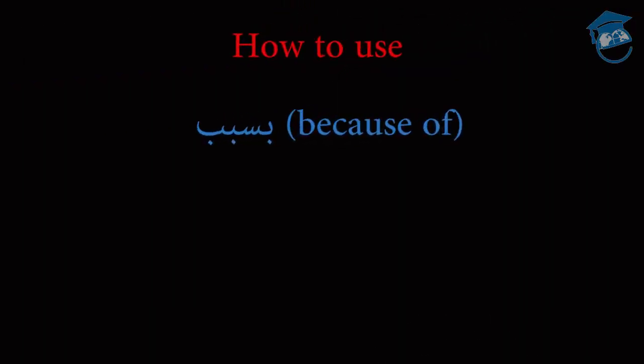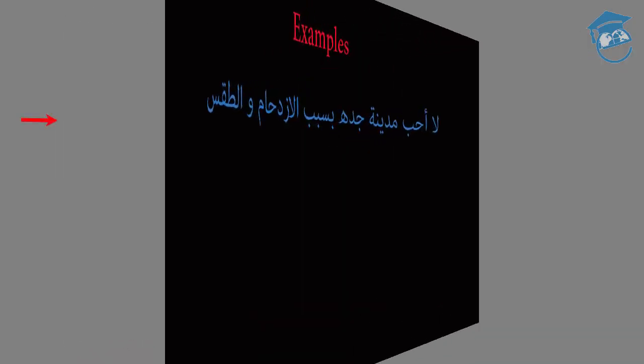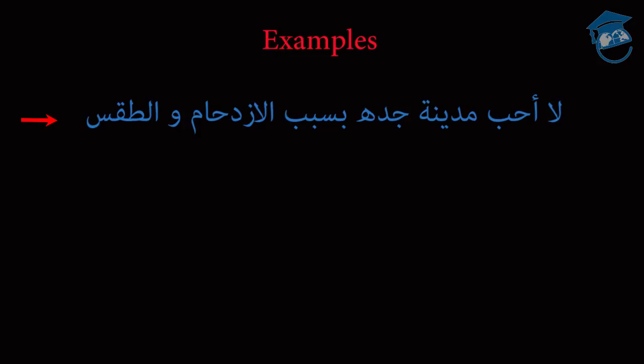Now let's look at how we use bisabab. Bisabab means because of. It's used to give a one-word explanation. Bisabab is used with ism fi idafa. Let's look at some examples. La uhibbu Medina Jidda bisabab al-izdiham wa ataks.